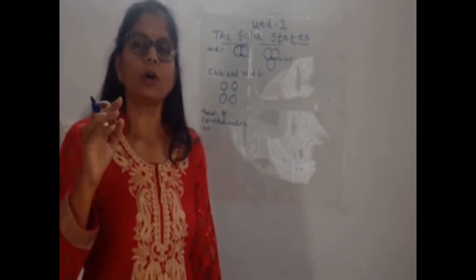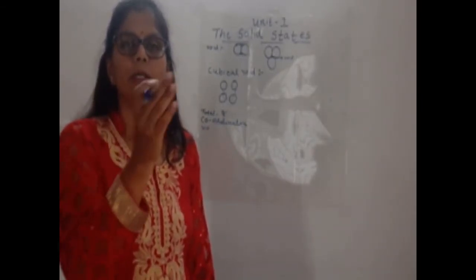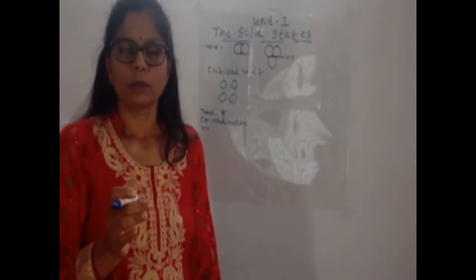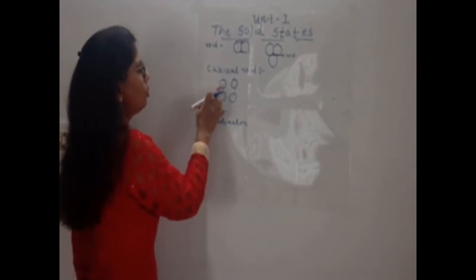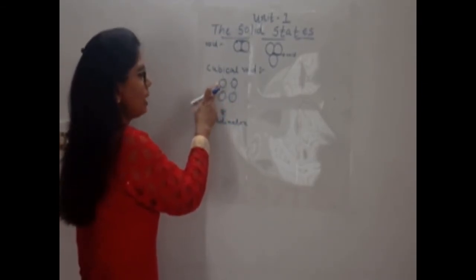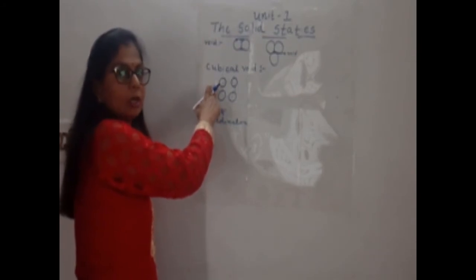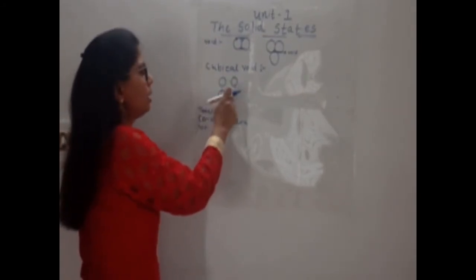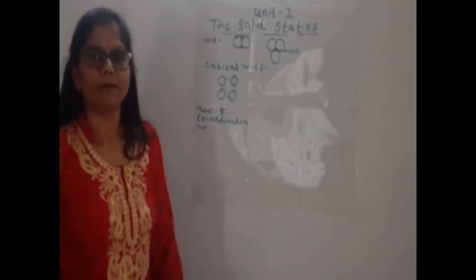Of those 8 corners, 1 is attached with the other 8, so here also that is the coordination number. Why? Because one unit cell is attached with how many others. So they are attached with the other 8. So that's why the cubical void has coordination number 8.